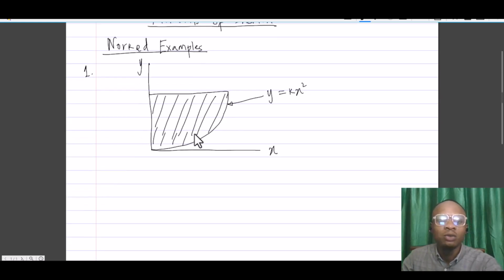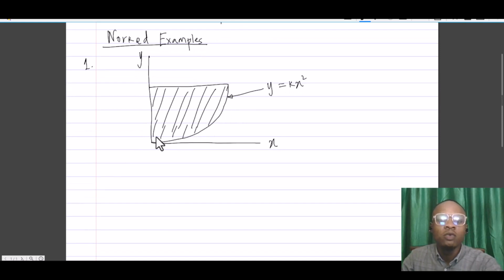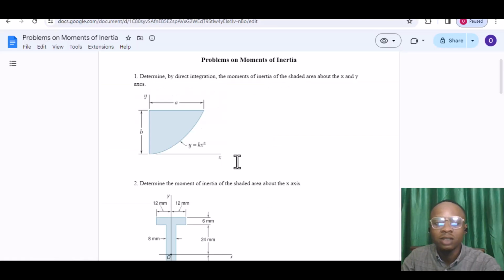And how do we go about this? Let's check to be sure that we have extracted all the details. Yes.